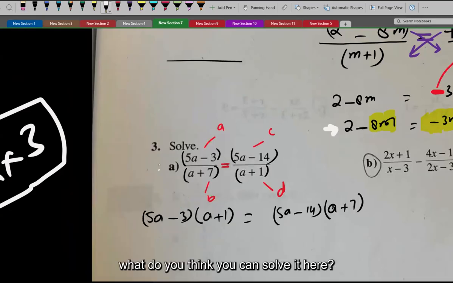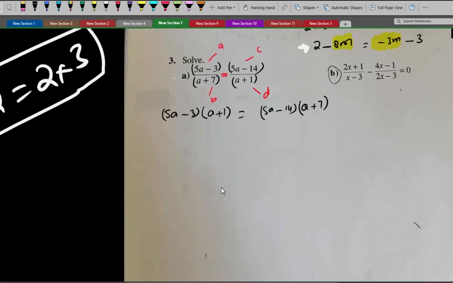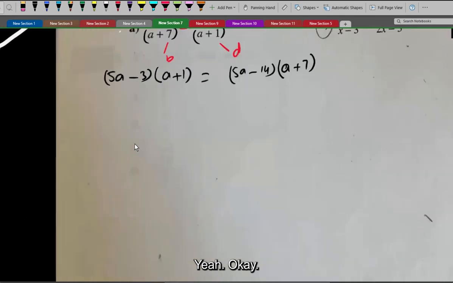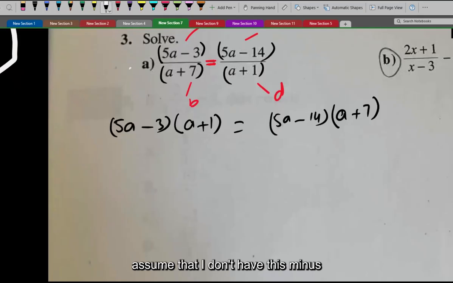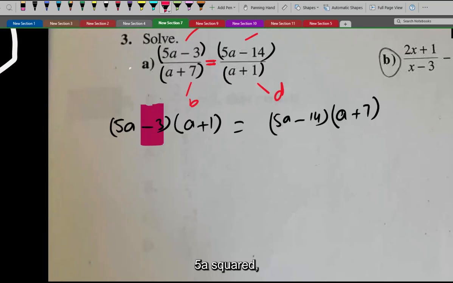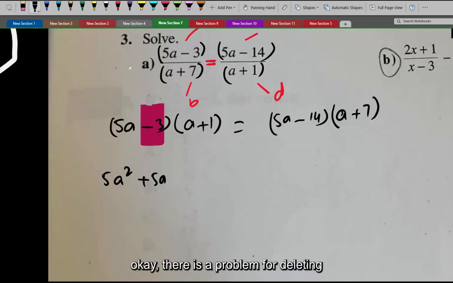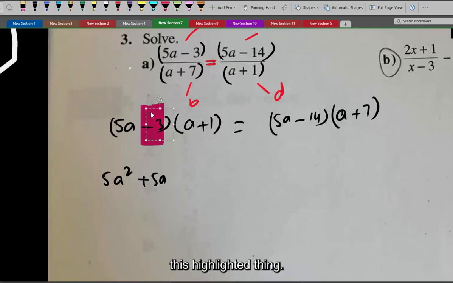So what do you think? You can solve it here? Yeah. Okay. So if I just assume that I don't have this minus 3, it's going to be 5a times a, 5a squared, 5a squared plus 5a. And then I just assume that, okay, there is a problem for deleting this highlighted thing.